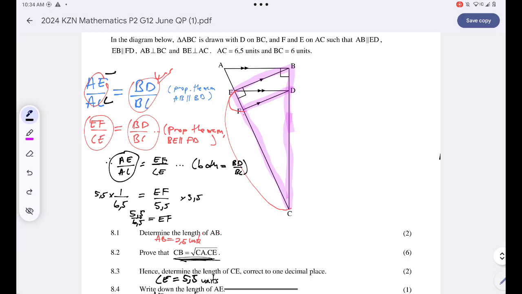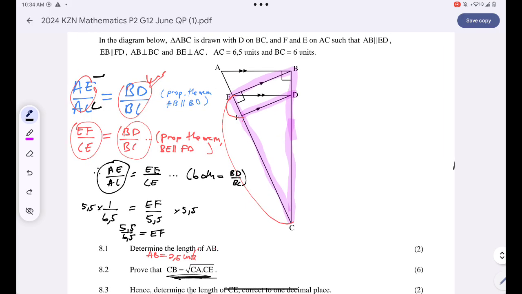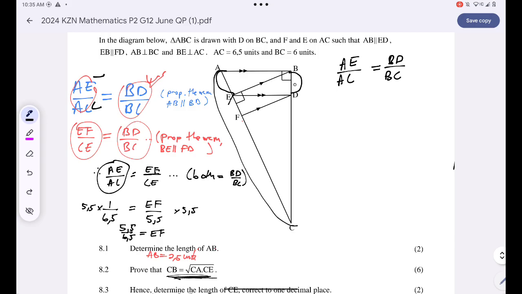Since that is the case, I can conclude that AE all over AC is equal to BD all over BC. This is true because these lines are parallel to one another.